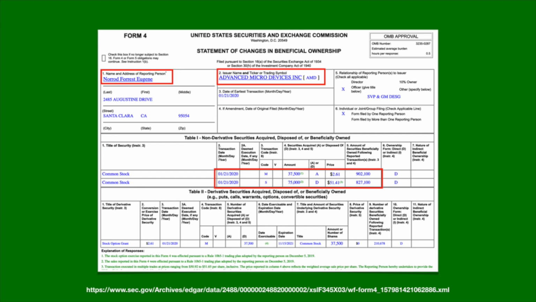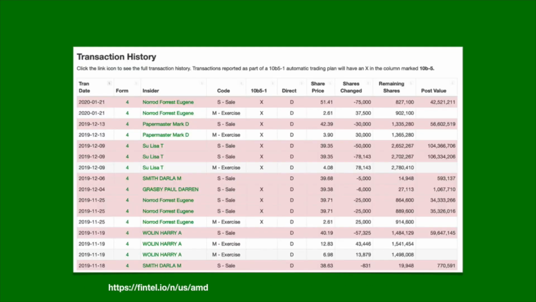So again, there's a lot to unpack here, and going through the SEC system to find all this information would be quite painful, actually. So Fintel provides a means for looking at this information in a more compact format.